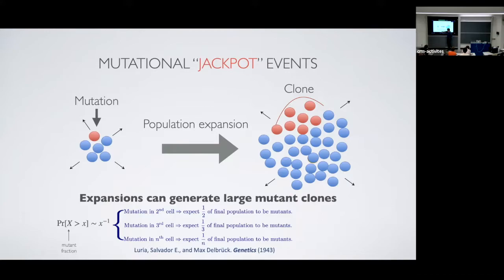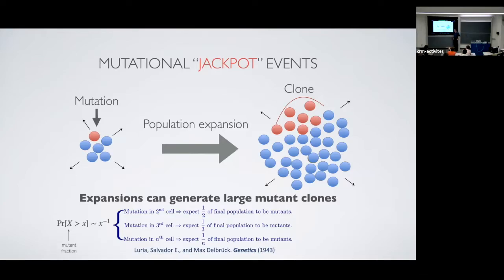If the mutation occurs in the nth cell that's being produced, then at that moment we have n-1 wild type and 1 mutant cell. Now imagine all of these are growing, then I expect the final frequency of mutants to be the same as it was when the mutation occurred. So 1/n. Yeah, I understand. That's what this means. Right.